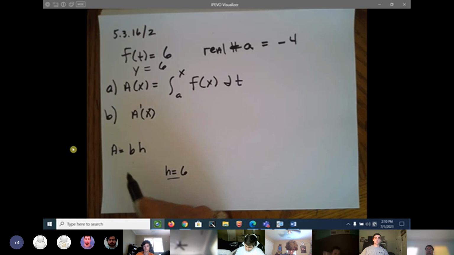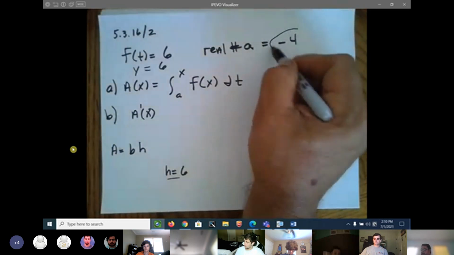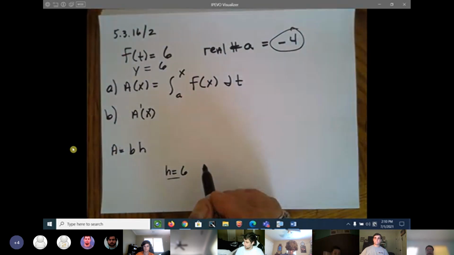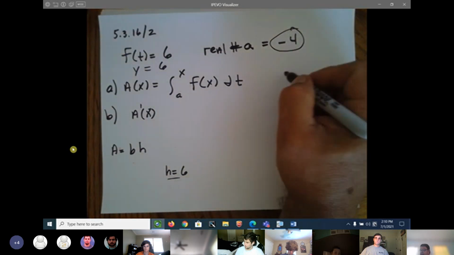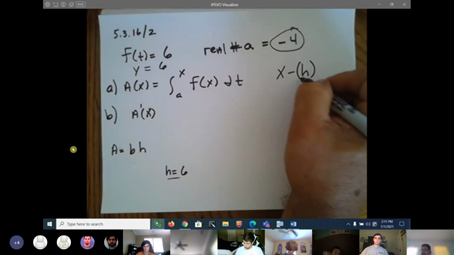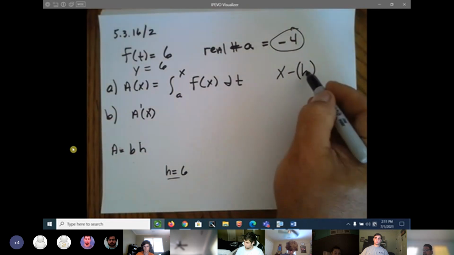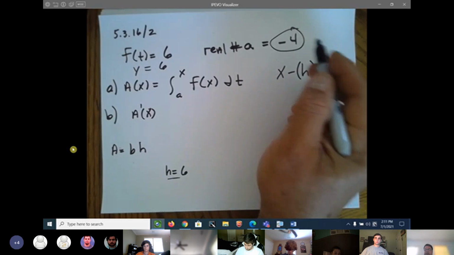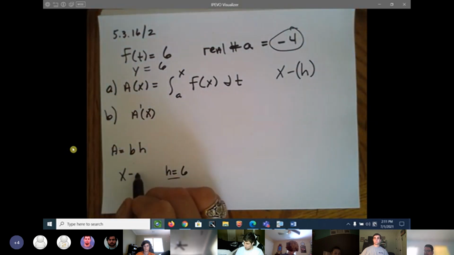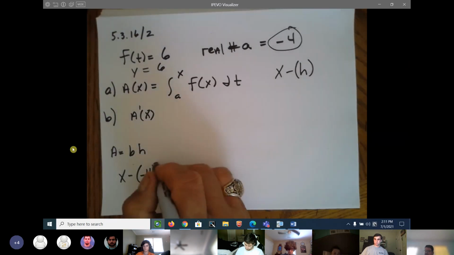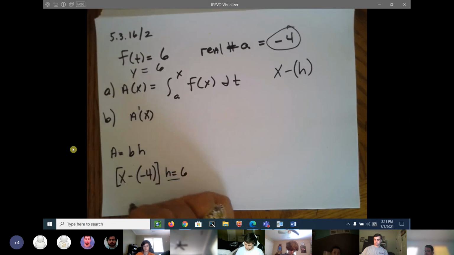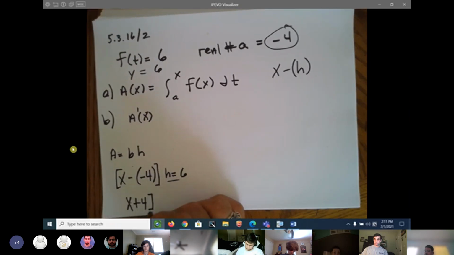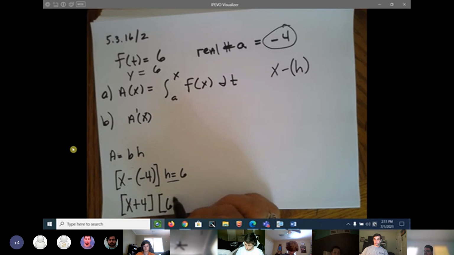Then what's the base? Well, this technically is your horizontal shift, but you got to plug it into the x minus h horizontally, and that's the negative right there. And we always said that a negative was opposite, so that would be x minus a -4, and that is your base. So your base is equal to x plus 4, and your height is equal to 6.